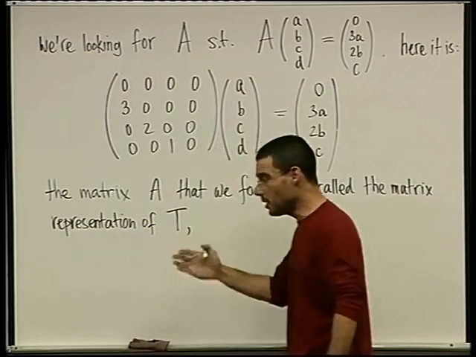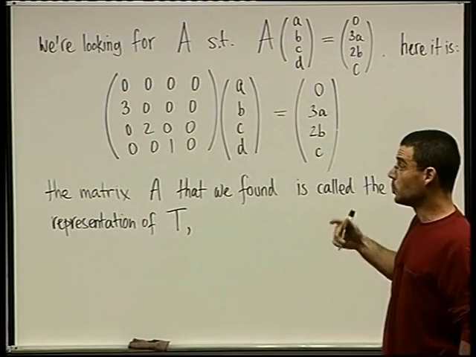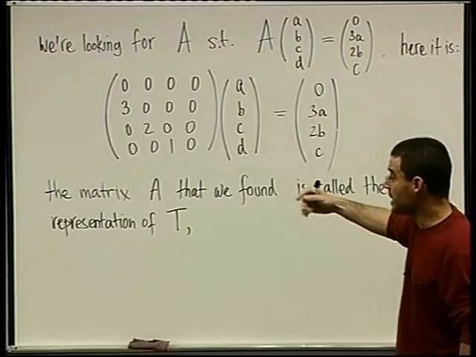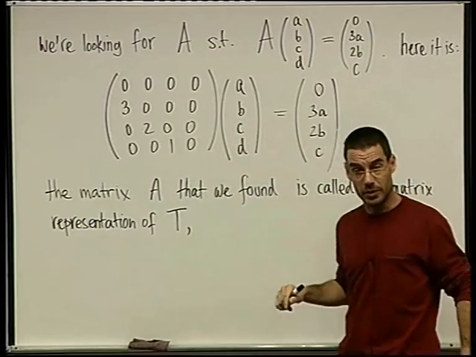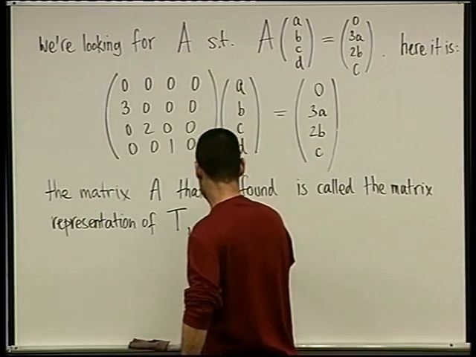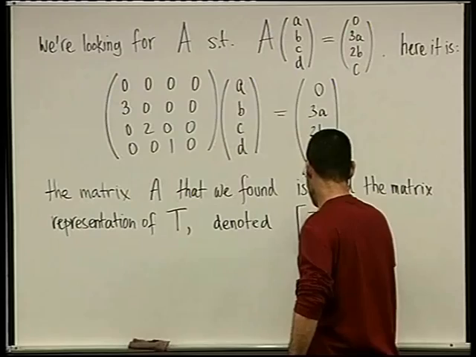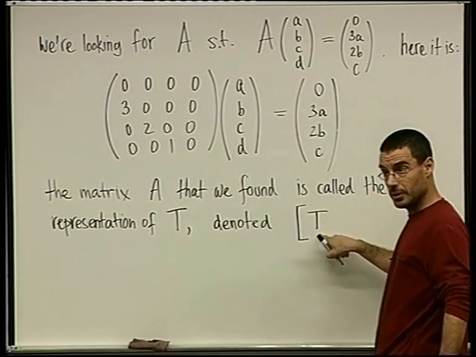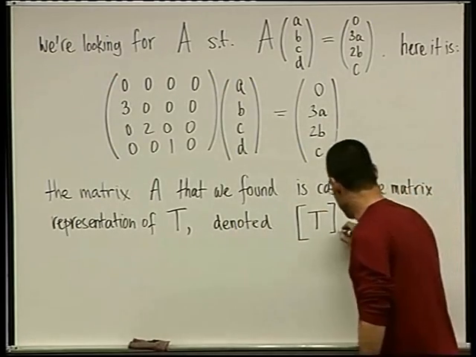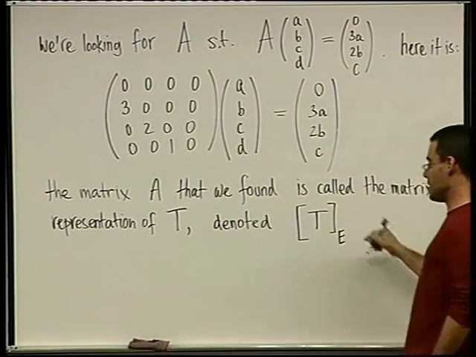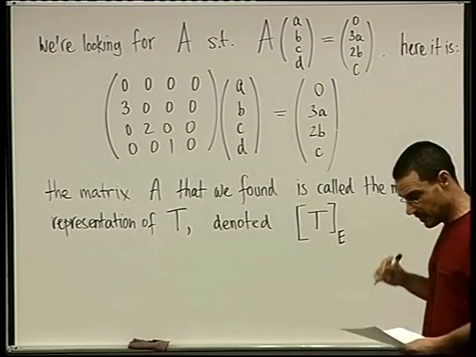Remember that in order to form that matrix, we had to choose a basis. The basis we chose was E, and E is how we got these coefficient vectors, and that's what determined what the matrix is going to be. So it's denoted like this. We take T, an operator or a linear map in general, put it in brackets, just like we took vectors in brackets, and put a little e here to denote which basis it was representing T with respect to. That's the notation.